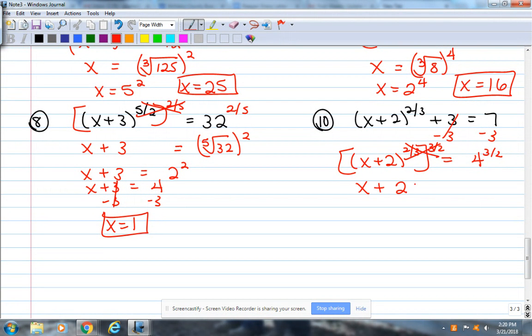X plus 2 equals, how do I set that as a radical? All right, if we're taking a square root, though, y'all, you got to be plus and minus 2 squared, right? And what's 2 squared? So that's x plus 2 equals plus and minus 2.